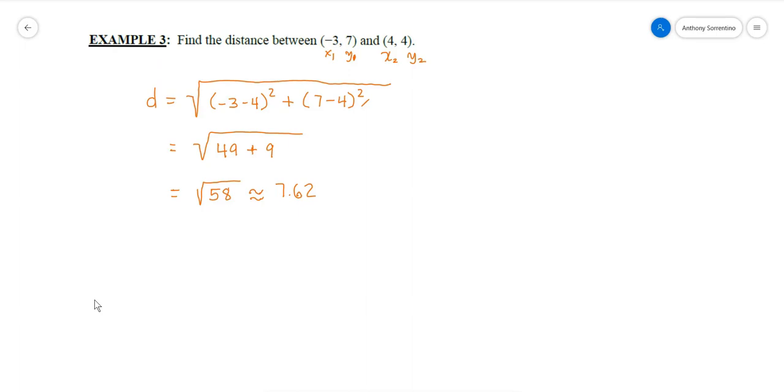Now, distances can be used along with other things and other concepts as well. So let's have a look at example 4, which is a question that is often posed, or similar questions are posed, in textbooks a lot. So for this one here, we want to show that the following are vertices of a right triangle. So, well, how would we possibly do that?